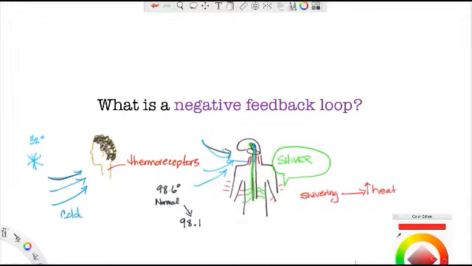So we had a patient who started out at 98.6, started to head downhill to, let's say, 98.1. That information got fed to the brain, and the brain's response was to initiate shivering.